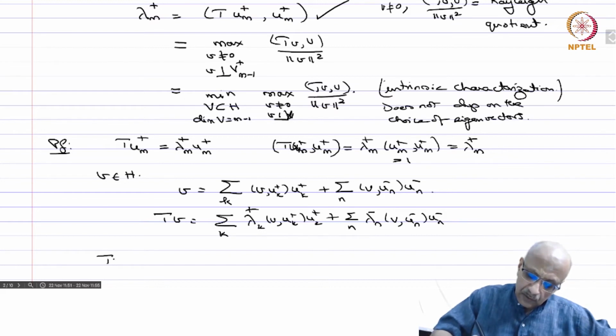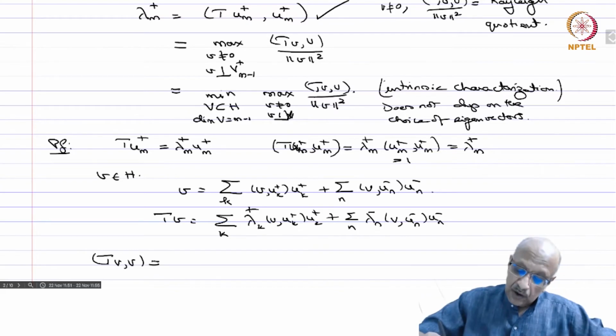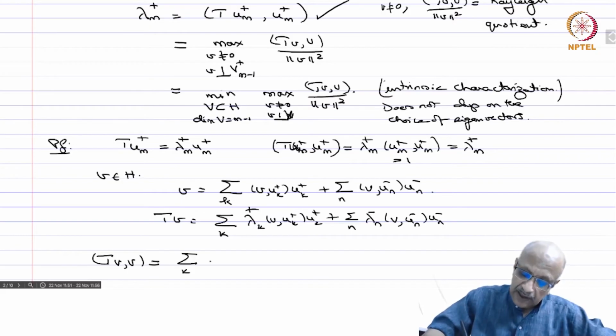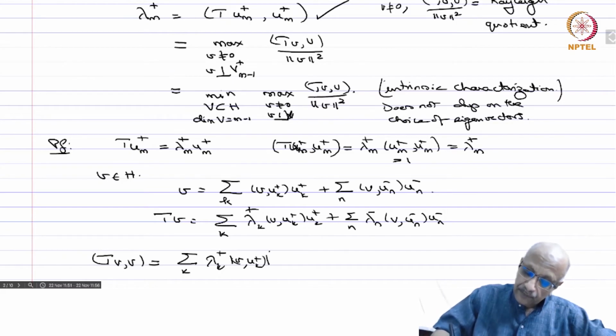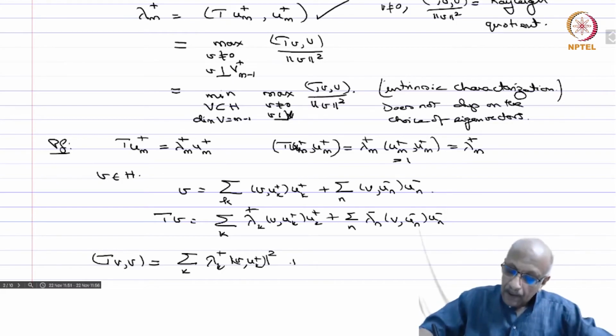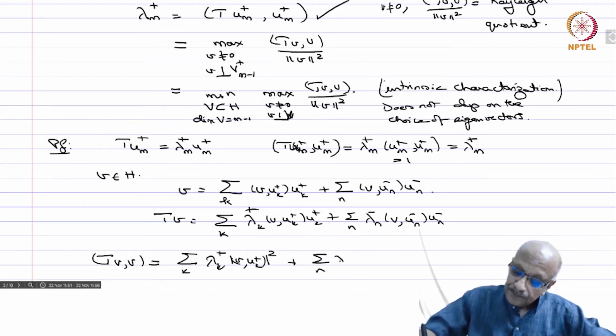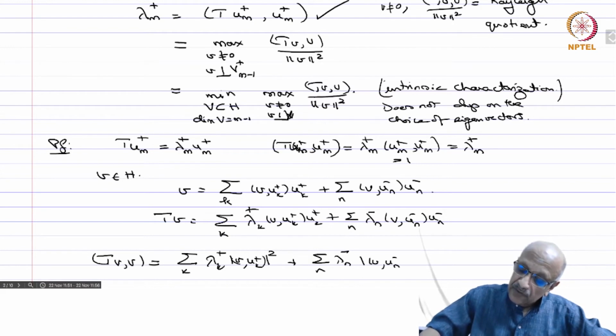So then you take the inner product (Tv, v). When you take the inner product, all cross terms are going to disappear because of the orthogonality. Only the square terms are going to remain. So this will be equal to sigma over k of lambda_k^+ mod (v, u_k^+) square plus sigma over n of lambda_n^- mod (v, u_n^-) square.